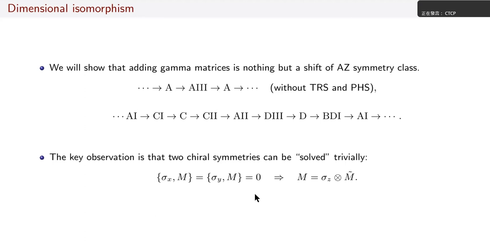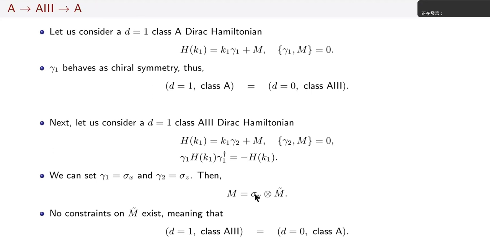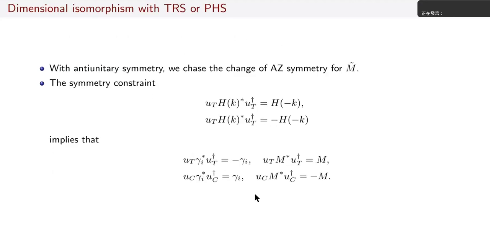Then the remaining matrix M tilde has no symmetry. So this is the origin of the simplification of the problem. Yeah, I think it's already technical details, so let me skip. If you are interested in the details, you can check the slides.